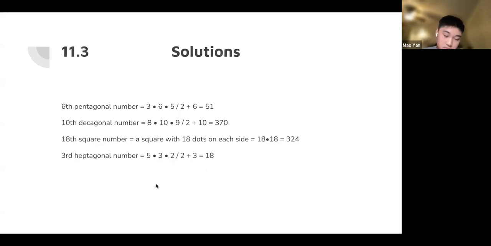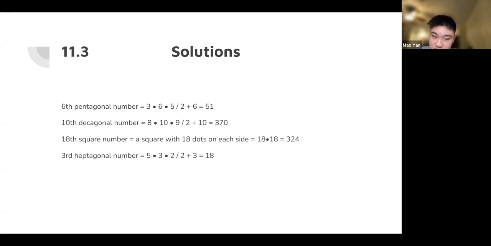Okay, so the 6th pentagonal number, 5 minus 2, you get 3, times 6 times 5 over 2 plus 6. The 10th decagonal number, 10 minus 2 is 8, times 10 times 9, divided by 2, plus 10.